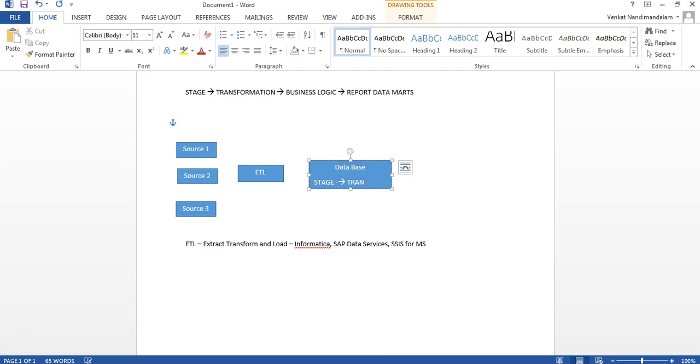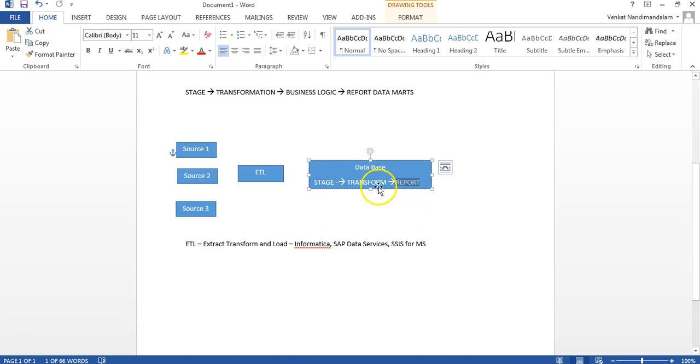Then you move the data to the next schema, while moving the data from stage to transform, you are going to apply the basic transformations you need for the data sets, and then you'll create another schema. So while moving data from transform schema to report schema, you are going to apply all the business logic that customers are expecting. So whatever data you have in this schema is going to be the final data set that will be used to build the reports.